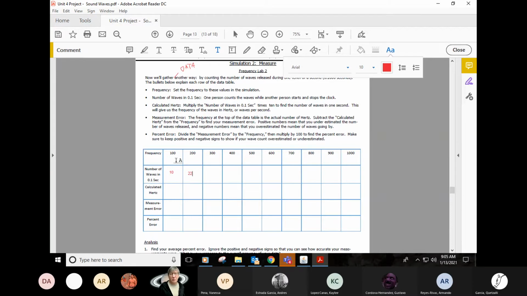Isn't 100 times 2, doesn't that make 200? And isn't 10 times 2 pretty close to 22? So that's something that we should see happening here, where the frequency is kind of matching the number of waves that come out.